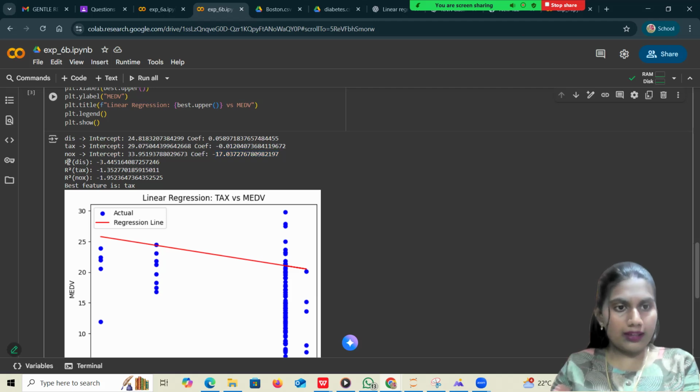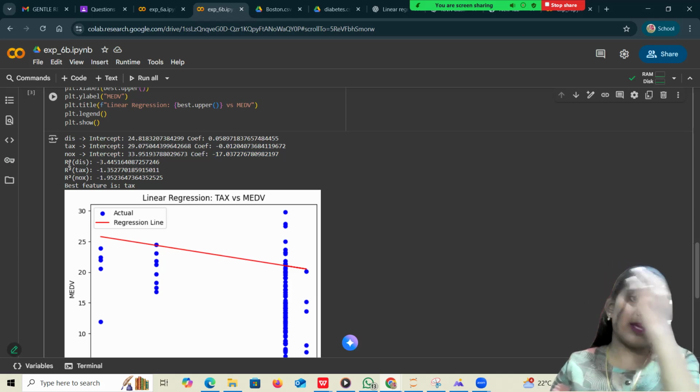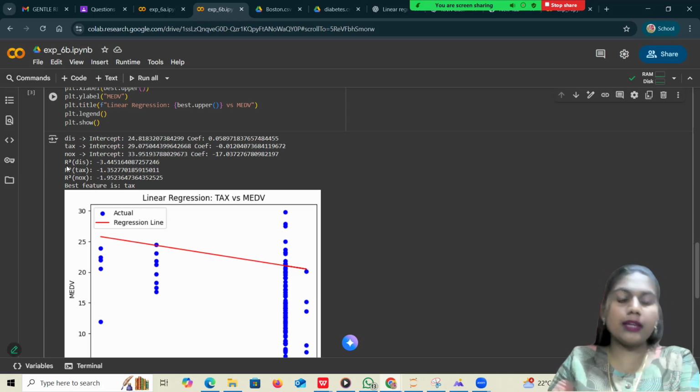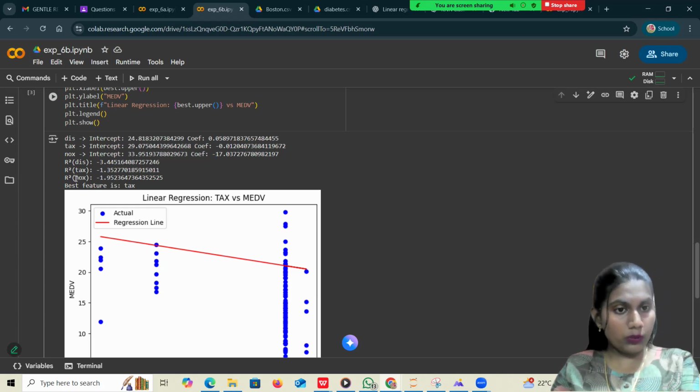The R square value for distance is minus 3.44, the R square value for tax is minus 1.35, and the R square value for NOx is minus 1.95.